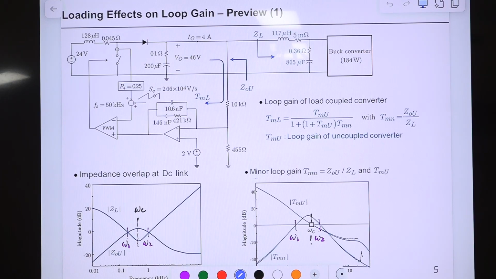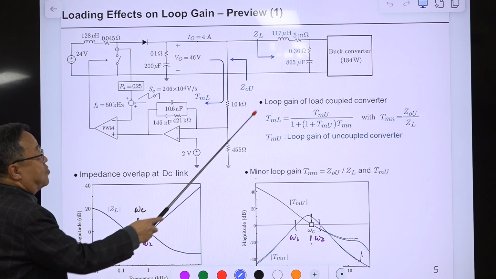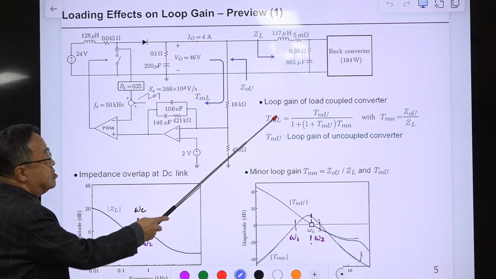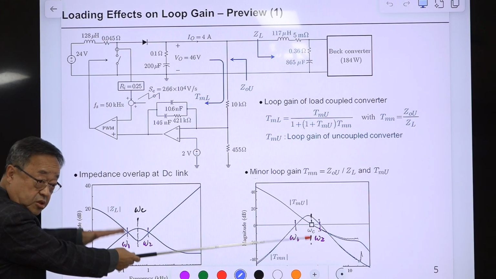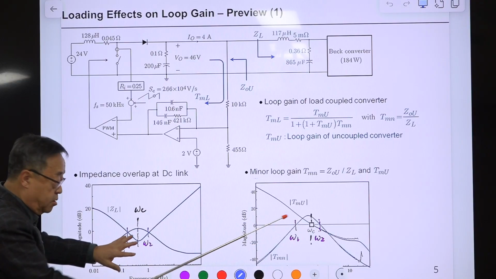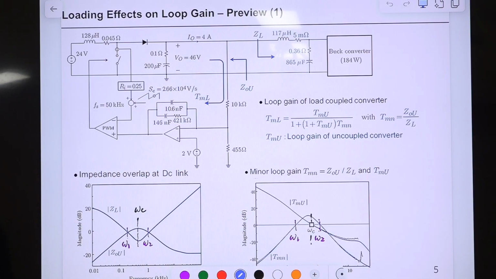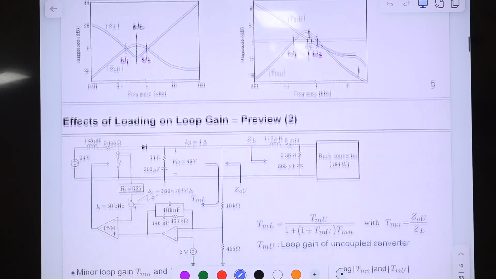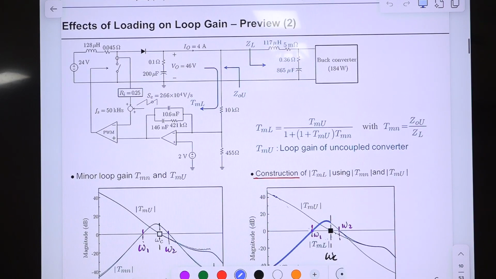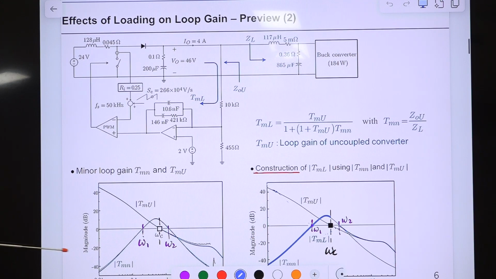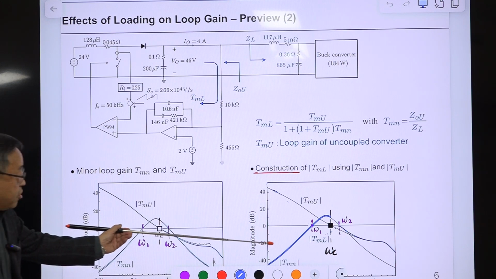What I'm trying to do is show how to get the asymptotic plot of this from this structure. This is a construction structure. So this is the first picture, the second picture, and the second picture is repeated here, and the first picture here.